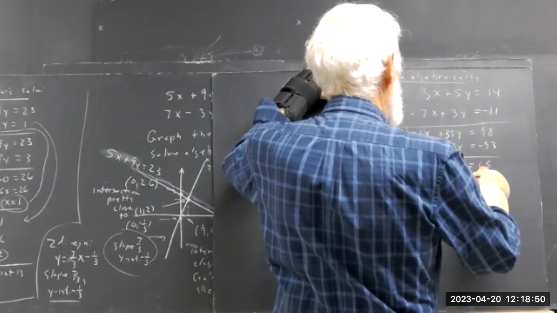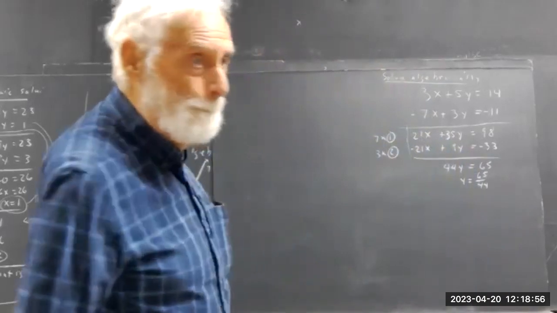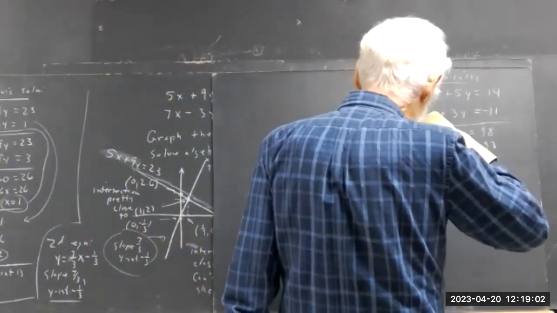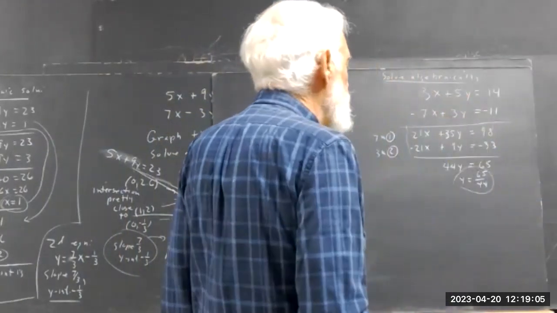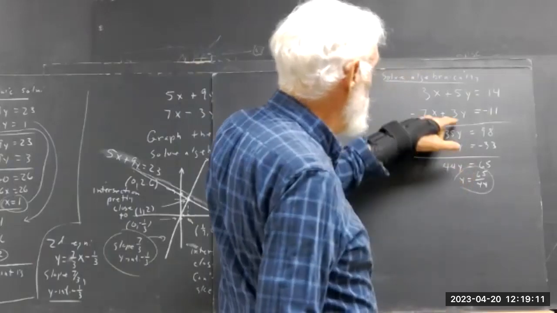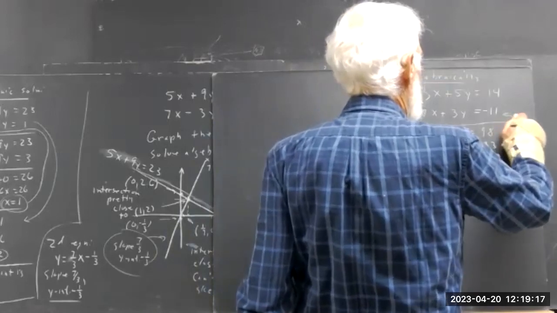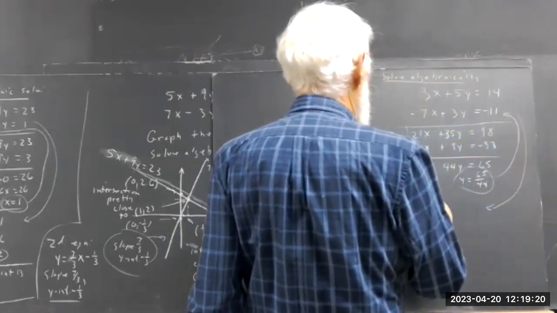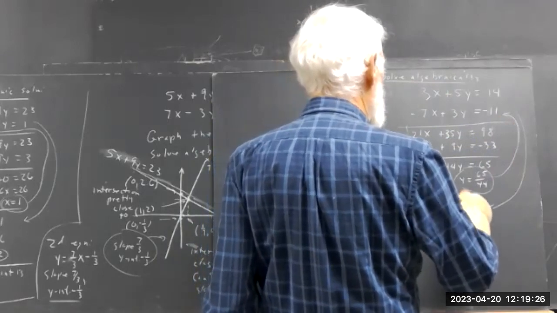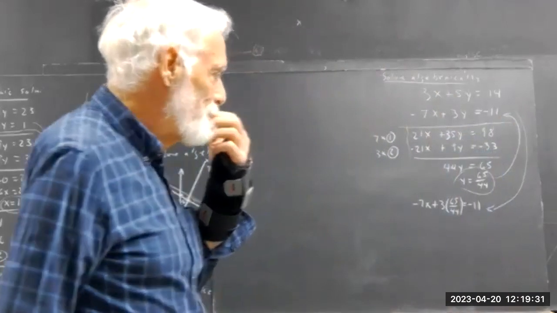So y equals 65 over 44. Okay, well, it's going to be a little messy, but I can bring this up here. And I can plug this into either equation. If my numbers get too big, I'm going to plug it into the equation that has a smaller multiple of y. I plug this into this equation, and I come down here and get -7x plus 3 times 65 over 44 equals -11.